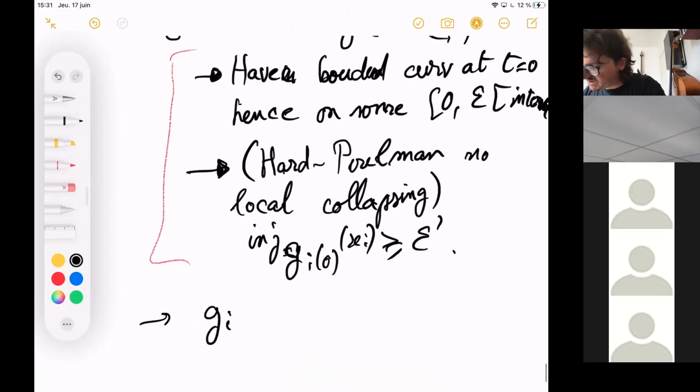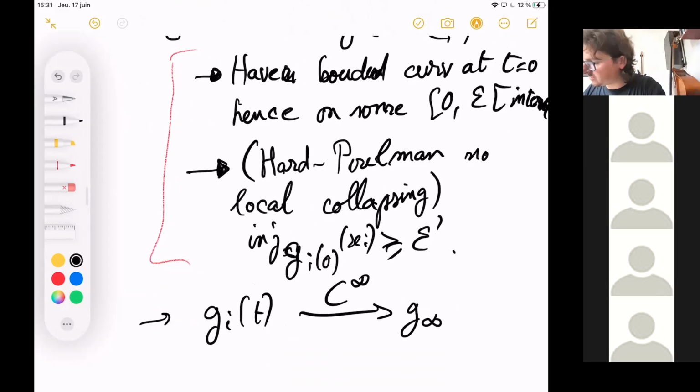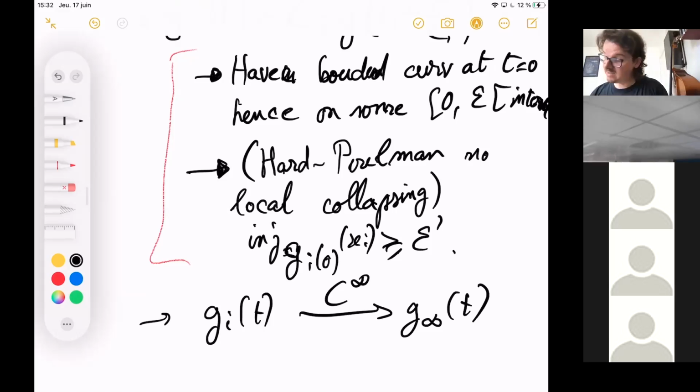So g_i(t), a sequence of Ricci flows, converges smoothly, and this is where the Ricci flow helps us a lot, because of the smoothing effect, the parabolic nature of the Ricci flow, gives us smooth convergence, whereas if we're on a fixed manifold, we would only have C^{1,alpha} convergence.